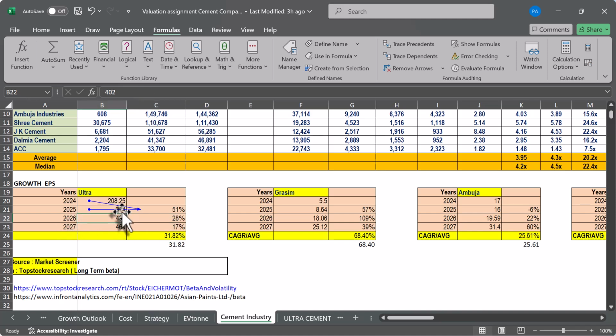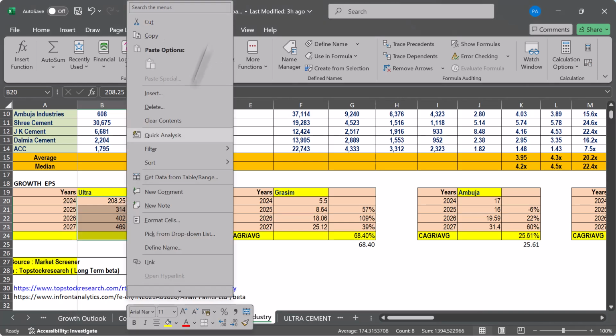So the company is expecting to increase the profit by 28%. And in 27, it is 17% as per the estimate. Okay, fine. So then we can just take the average of everything. Okay. And then we have this number, 31.82. Okay, fine. So what we can do is plug in all these numbers in our new file, which we have made.